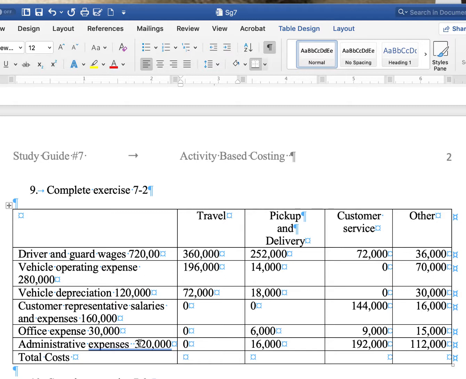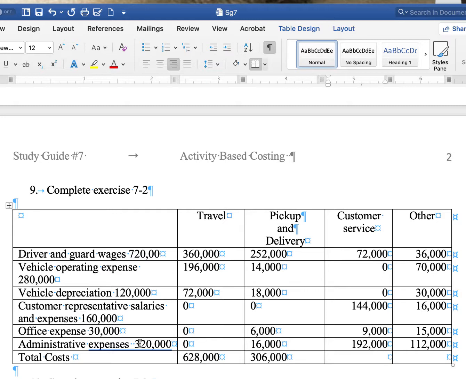So now we calculate up our total. These are the total activity costs for travel. I'm just adding up 360,000, 196,000, 72,000. I get a total activity cost pool cost, if you will, of $628,000. Pickup and delivery, that total cost is $306,000.